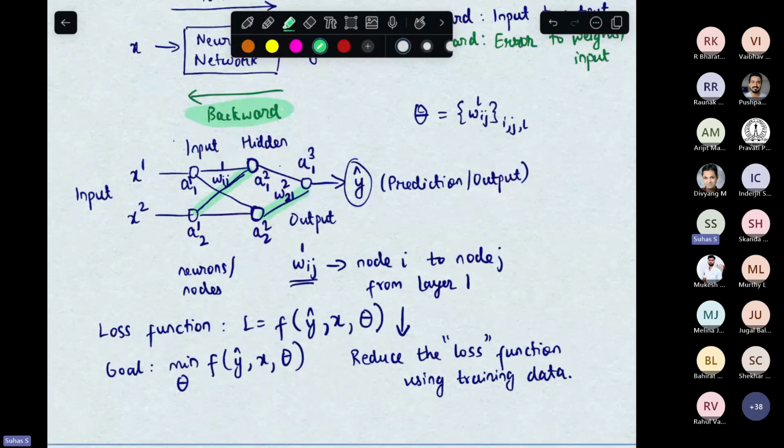These neural connections I told you about, like the connection from A12 to A21, are connections between nodes of the neural network, and these are parameterized by some weight. If you collect all those weights and put them into one set, that is theta. Theta is the collection of all weights of the neural network.